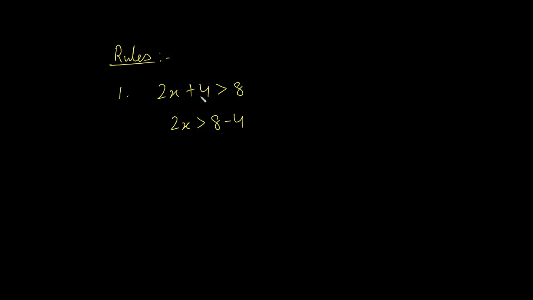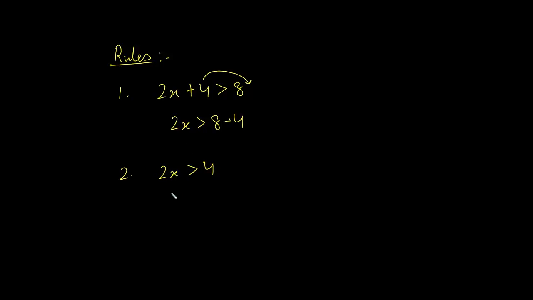The constant here had a plus sign, but when we moved it to the other side, it becomes a negative sign. So keep in mind that in an inequality we can move things around, but the sign of the inequality should remain the same.